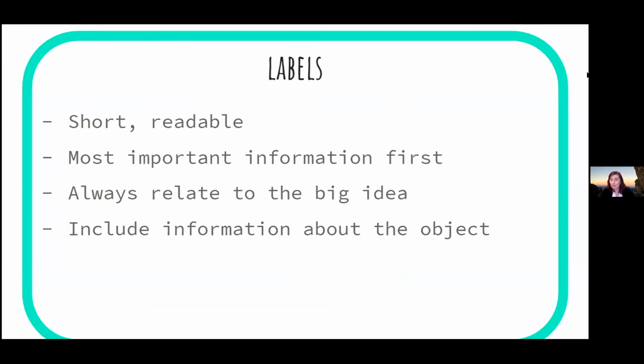If the point of an exhibit is for people to learn your big idea, you want your labels to be short and readable, with the most important information first. You always want your labels to relate to the big idea.